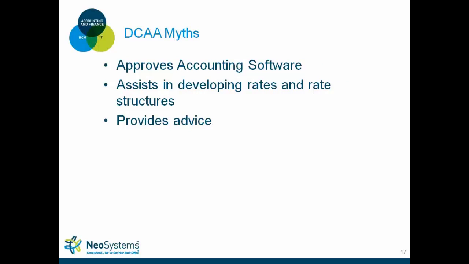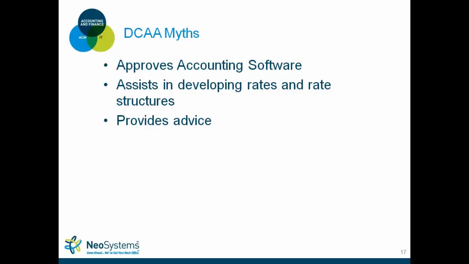So a lot of the myths, and there's just really three of them that I wanted to post up here, is that DCAA actually approves accounting software. They never approve the actual software itself. They approve the internal processes and procedures and how the costs are incurred, how they're allocated out, and how you ultimately end up billing the government. That's what they approve.